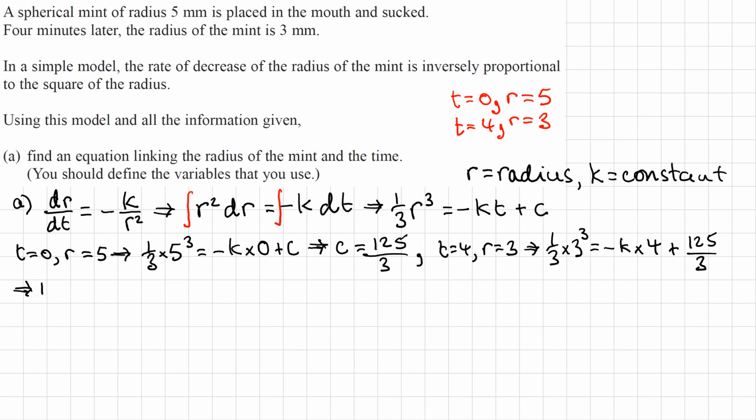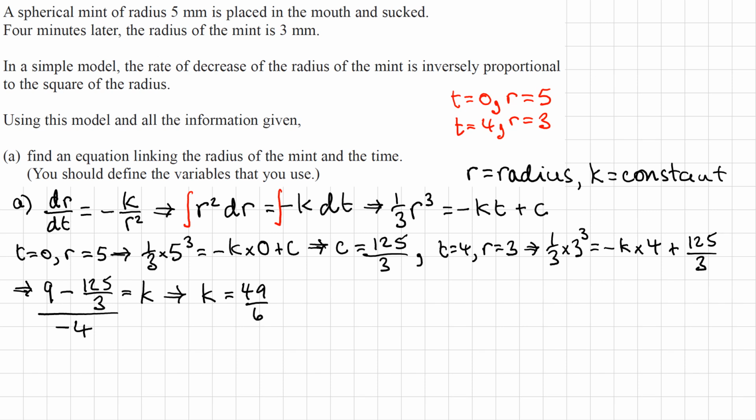I've got 1/3 of 27, which is 9. So I've got 9 is equal to, or actually let me bring across, take away the 125 over 3, is equal to negative 4k. So we can divide both sides by negative 4 here to work out what k is. And that gives us k is equal to 49 over 6.